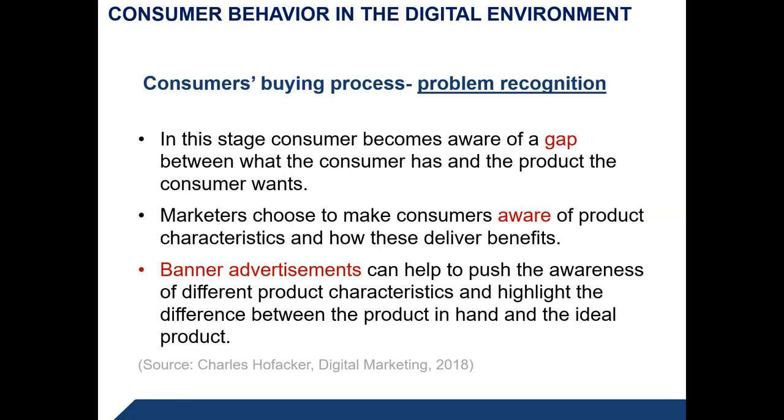So the first step in the consumer's buying process is problem recognition. Like I mentioned before, problem recognition is part of the buying journey. It is the very first initial stage where you are able to identify the gap between what you have, or suddenly if you have a need, you are able to identify what you want to go and buy to fulfill that need. So identifying that gap.